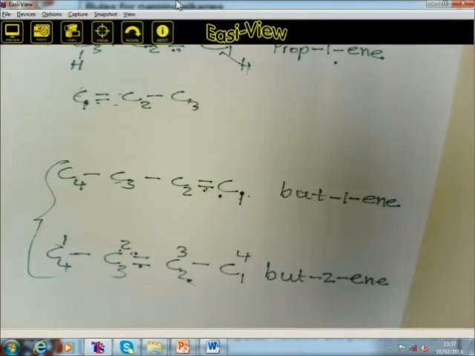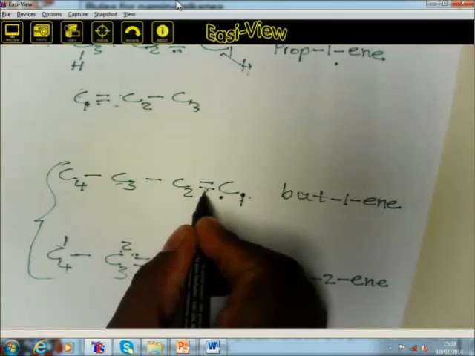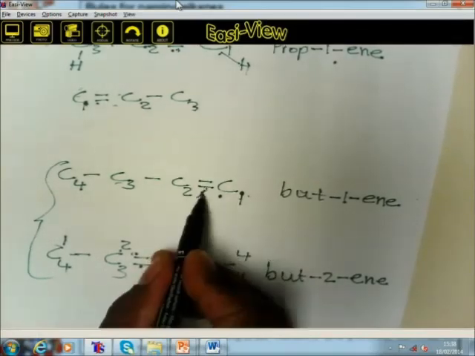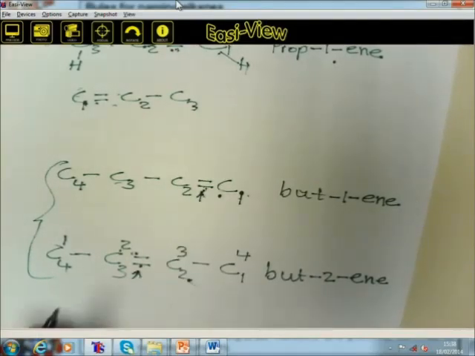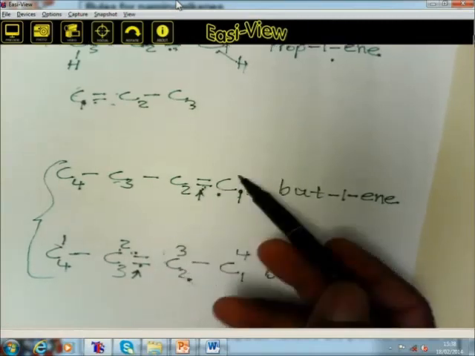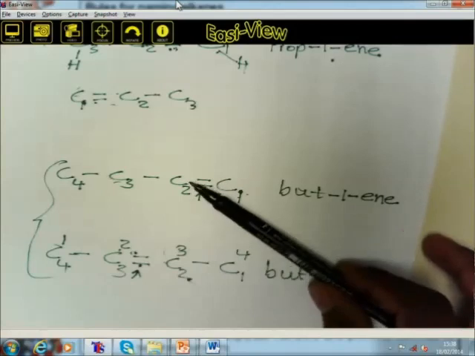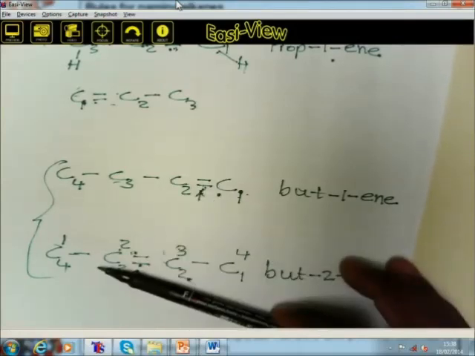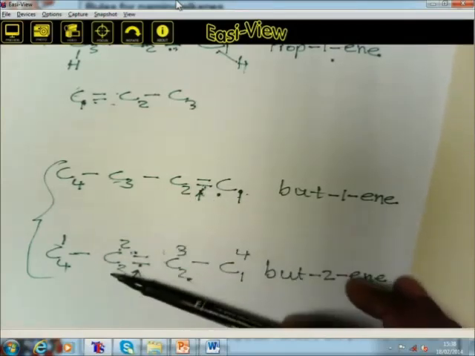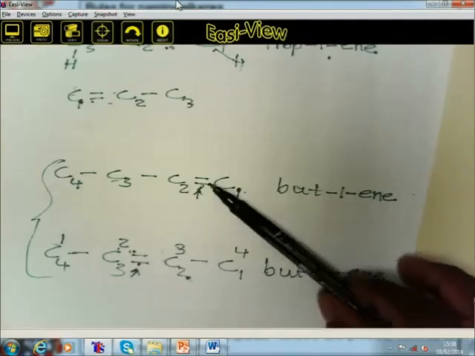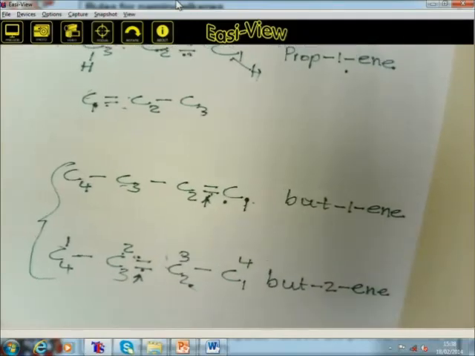For the alkene, if you need to make an isomer, what you do is you move the position of your double bond. If I move it from there to there, these are 2 different structures. But if I look at the number of carbons and hydrogens, they will be the same. So the molecular formula is the same, but the structural formula is different. These are my isomers for the alkene.